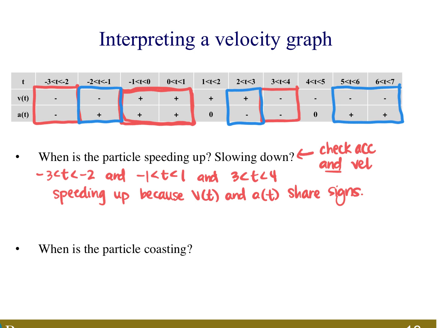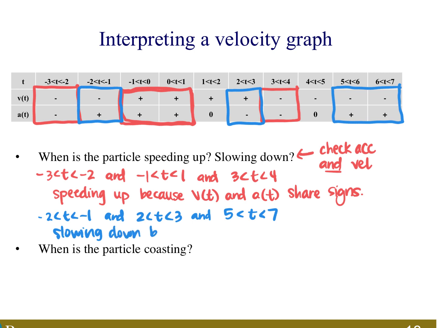And so then we would say from -2 to -1, and from 2 to 3, and from 5 to 7, slowing down because V of t and A of t have opposite signs.